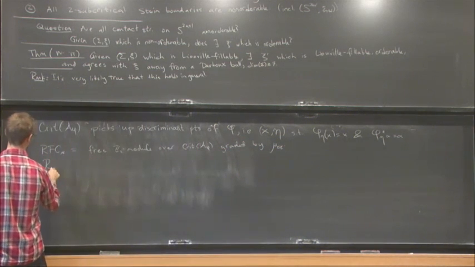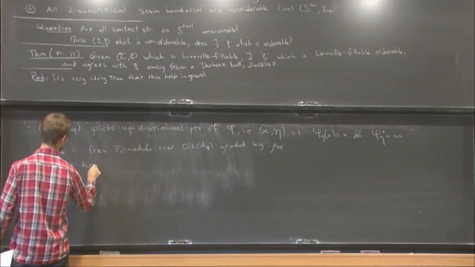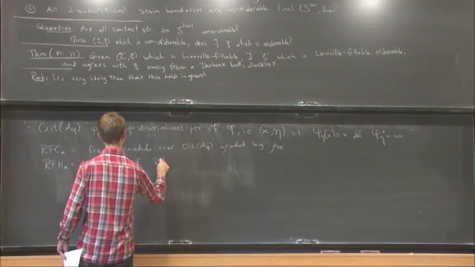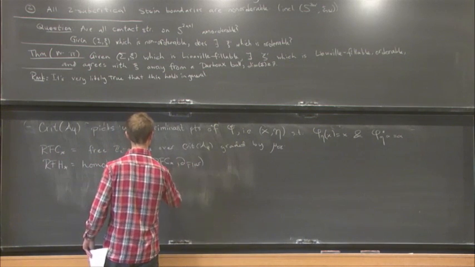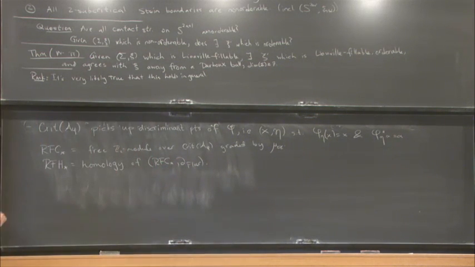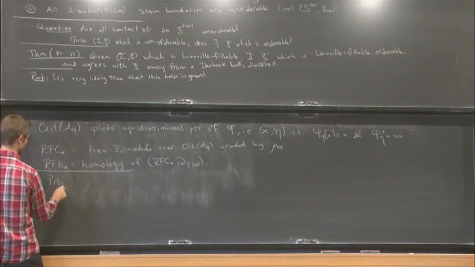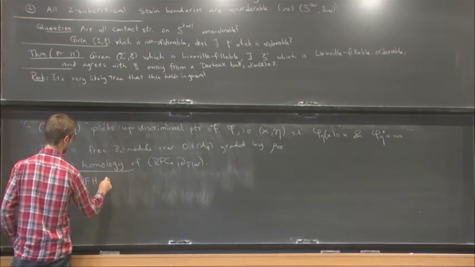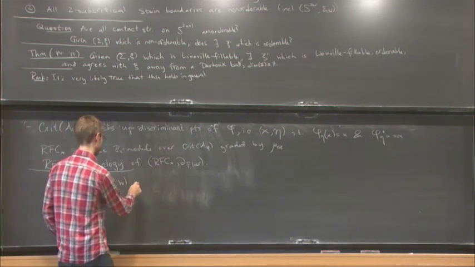And then RFH star is equal to the homology of this, assuming that everything's well defined. So that's the proposition at this point, that yes, it is well defined. And I can state RFH star of sigma W is well defined.